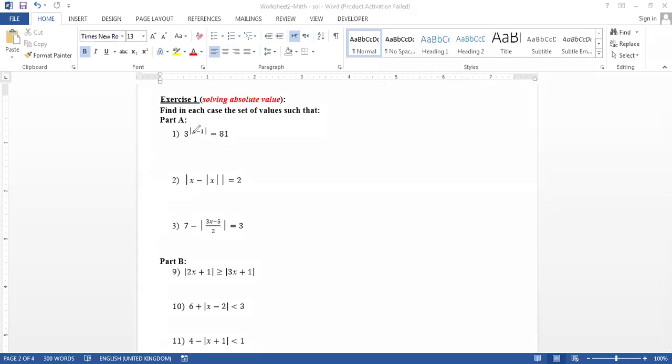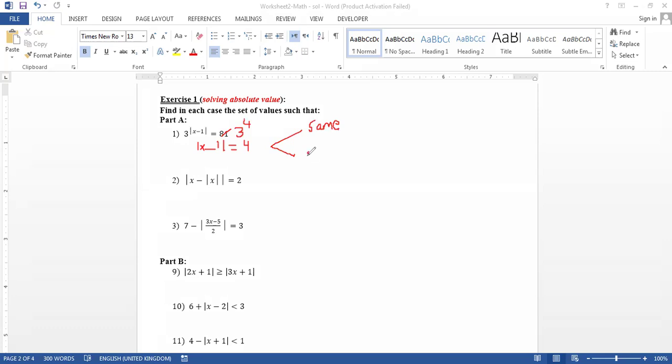First of all, here we have 3 to the power absolute x minus 1 equals 81. So you know that 81 is 3 to the power 4. So 3 to the power absolute x minus 1 equals 3 to the power 4. Then absolute x minus 1 is definitely equal to 4. How do I solve the absolute value? I have two cases, same and opposite.